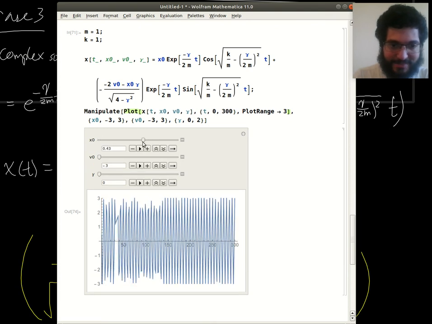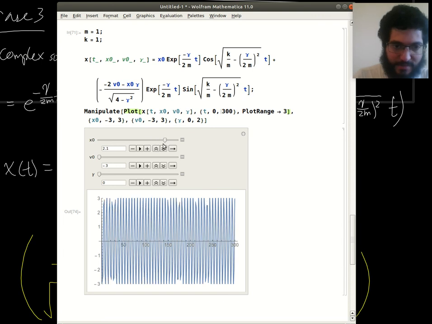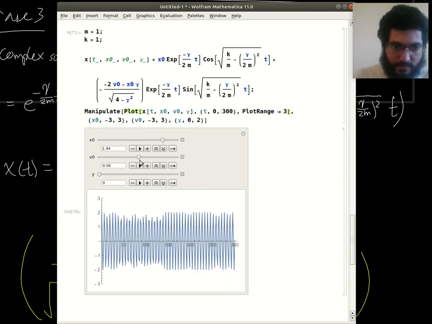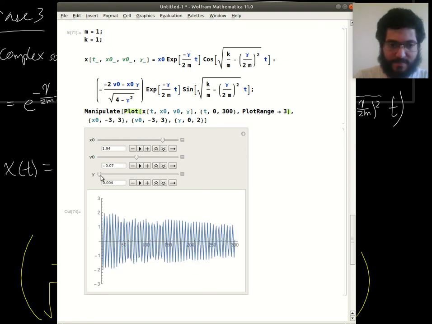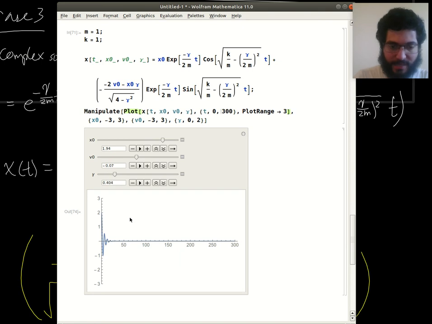So let me go back to some displacement, like 2, release from rest, and a tiny gamma. Even a tiny gamma, you see the shape here? It's this exponentially decaying amplitude. So it eventually decays. And if you make gamma larger, then it decays very quickly.